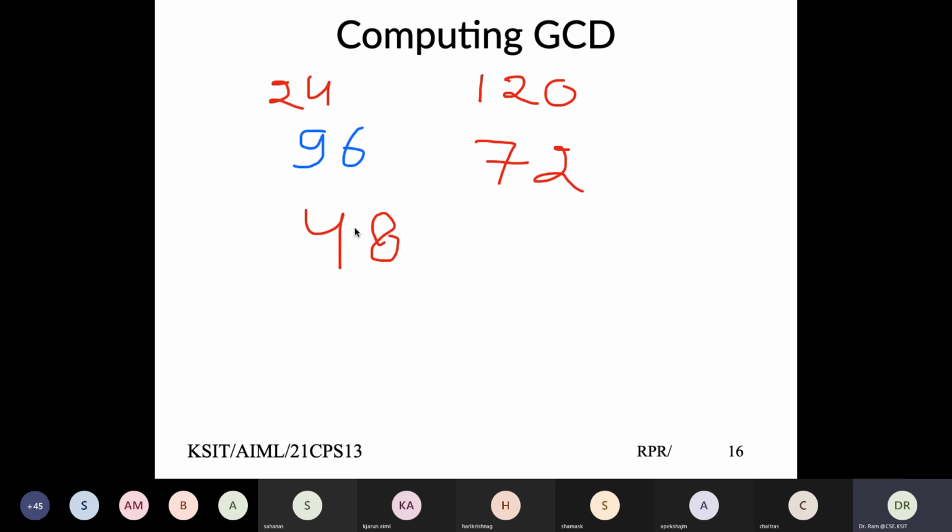How do you get 14? 96 minus 72 is 24, not 14. Can anyone tell me what the difference is? Any more numbers?